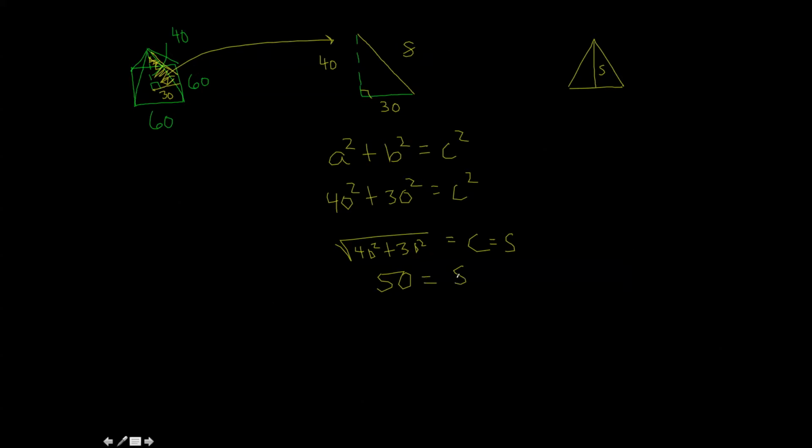And there's also a tidbit of information here, 30, 40, 50. That's called a Pythagorean triple, if you remember that from high school geometry. 30, 40, 50.